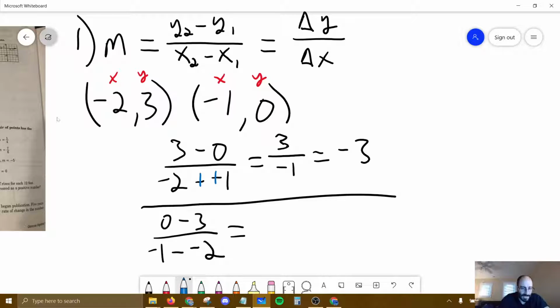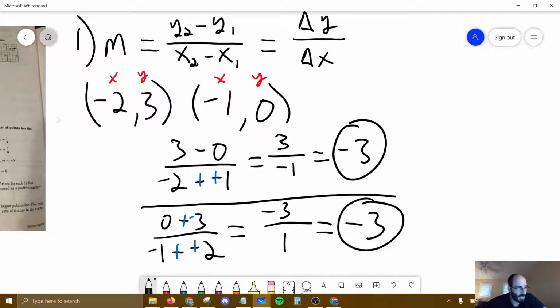It's the same as saying 0 plus negative 3. So that's negative 3 up top. And on the bottom, I have negative 1 minus negative 2, which I turn to plus. And then you get negative 1 plus 2, which is positive 1. And negative 3 divided by 1 is negative 3. So you see, no matter what, we got the slope of negative 3.